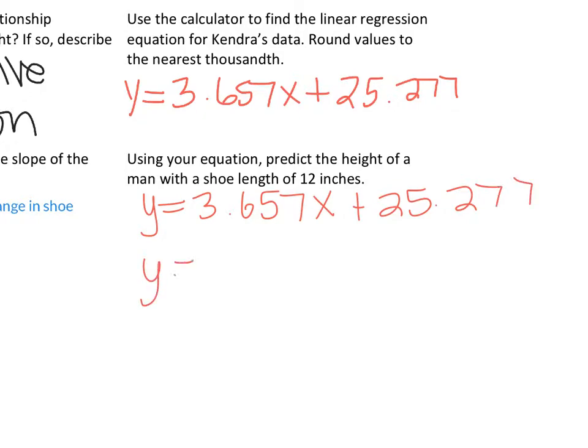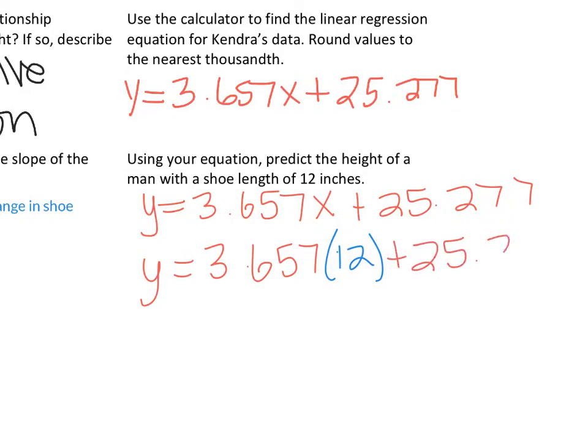We're going to plug in 12 where x is. You can jot that whole thing in your calculator. When you jot that in, you get y equals 69.161 inches.